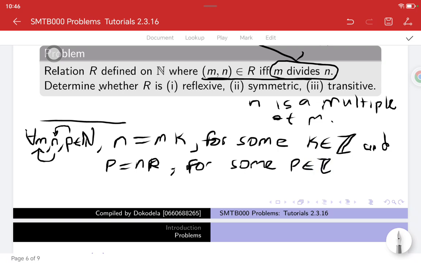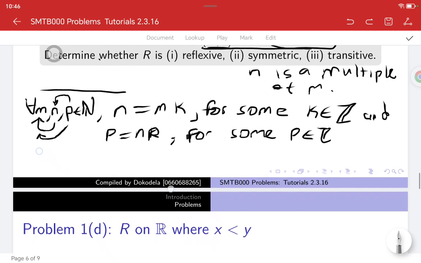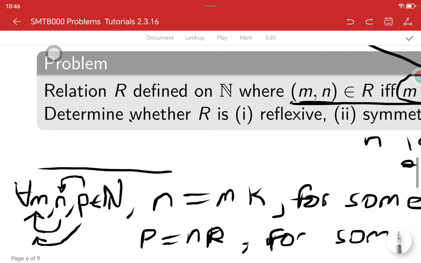So in other words, I took that m divides n, and also took that n divides p. So if this is the case, therefore we should prove that m should divide p. You see right now. Let me write it like this so that it can be visible.